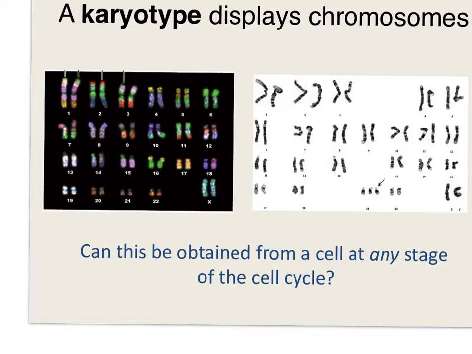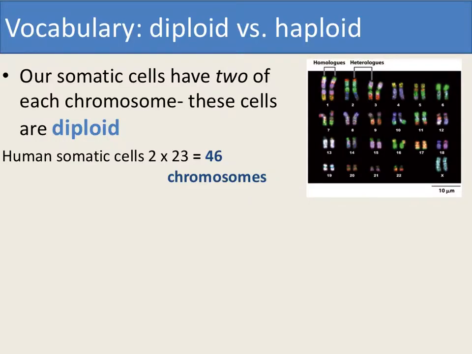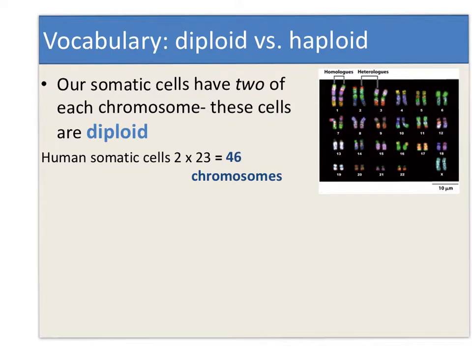So it's all spread out before it's time to replicate, and then as it enters mitosis, the DNA condenses into chromosomes. And that's during prophase of mitosis. Okay, so we're diploid. That means we have two of each of the 23 chromosomes, one from mom, one from dad. So we have a total of 46 chromosomes.